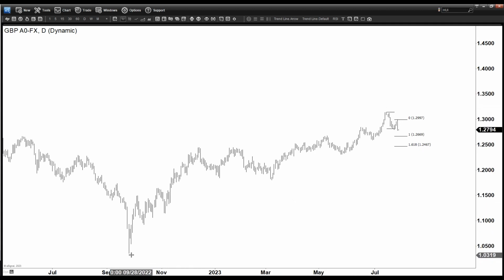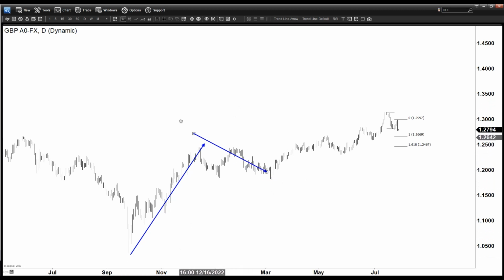Also, if you look at the structure of this rally, we always think of any kind of rally or decline as a 3 swing, and we need to figure out where's the first swing and where's the second swing. In this particular case, the best candidate for the first swing and second swing will be this one, because that's the biggest swing, the biggest correction, so to speak.